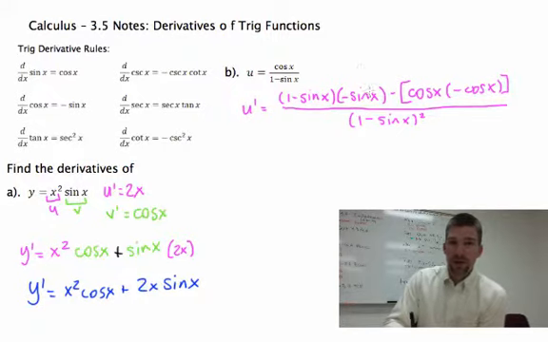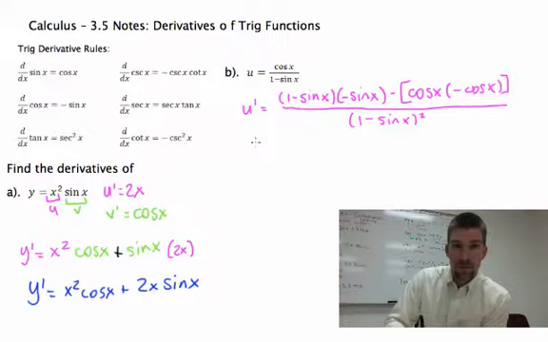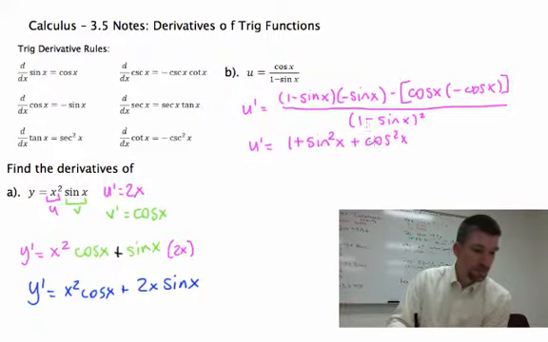Okay, so this looks really crazy. What do we got? Well, on top I have 1 plus sine squared x plus cosine squared x. Actually, that shouldn't be a 1, that should be a minus sine x.